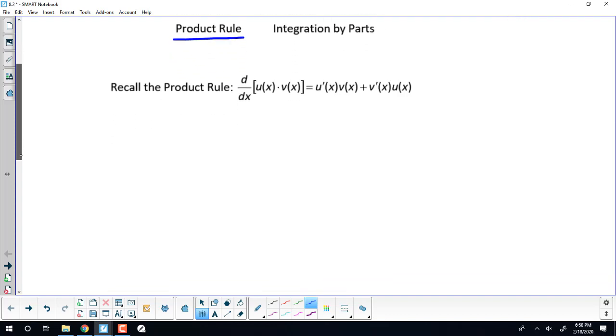So just to show you where the formula comes from, we start off with the derivative of our product: first times the derivative of the second plus the second times the derivative of the first. Let me rewrite that. I'm just going to rewrite what we already have.